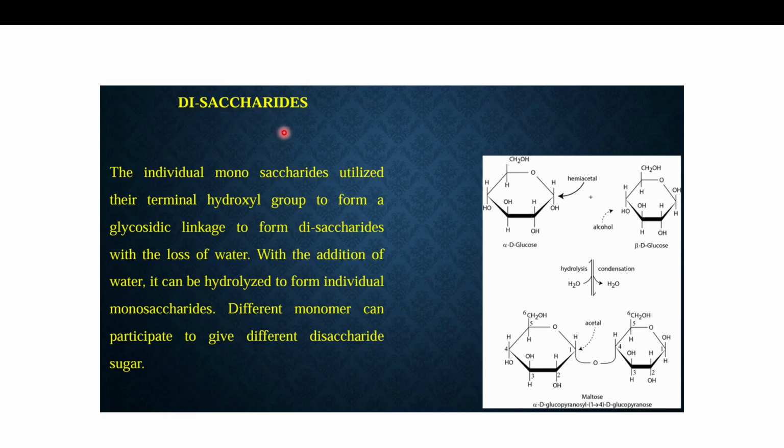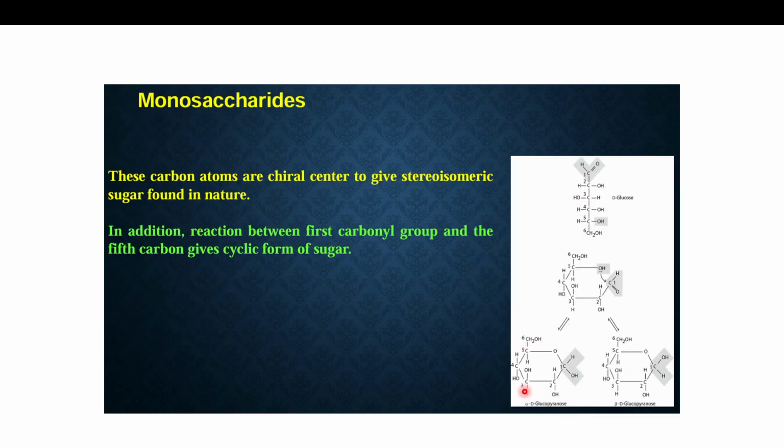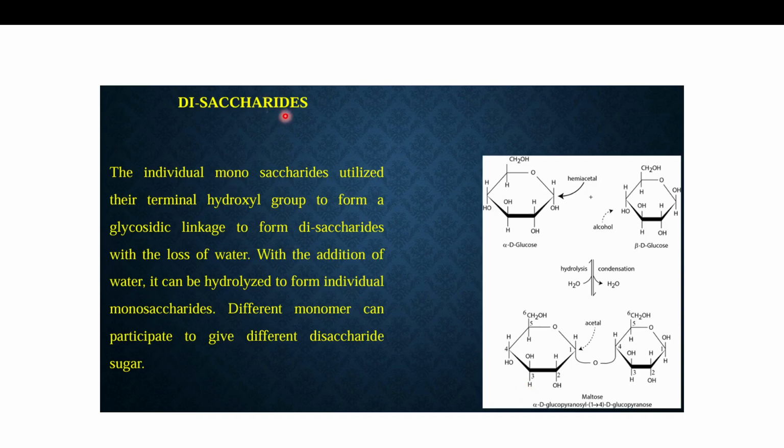And when we talk about monosaccharides, only one molecule is there, whereas disaccharides, you have two such entities joined together by condensation reaction, like the H from one molecule and OH from the other molecule can actually react, condensation happens, H2O is released, and eventually this particular bond is called the glycosidic bond.